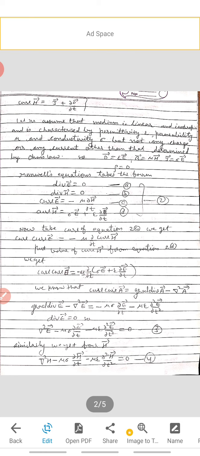Now if we take the curl of equation 2c, then we get curl E is equal to minus mu into del by del t curl H. Now if we put the value of curl H from equation 2d, then we get curl E is equal to minus mu into del by del t of sigma E plus epsilon del E by del t.